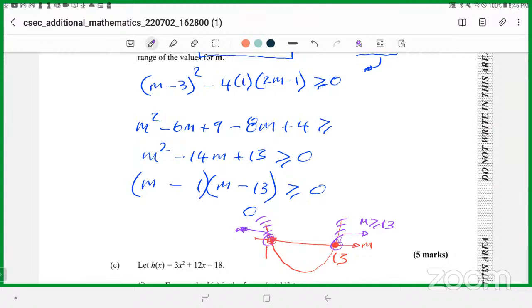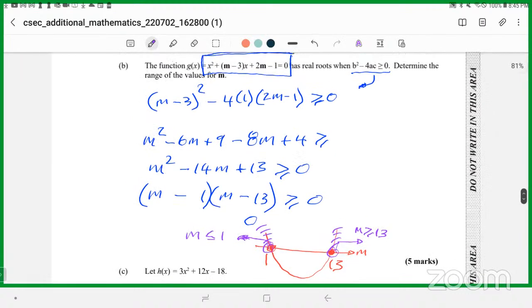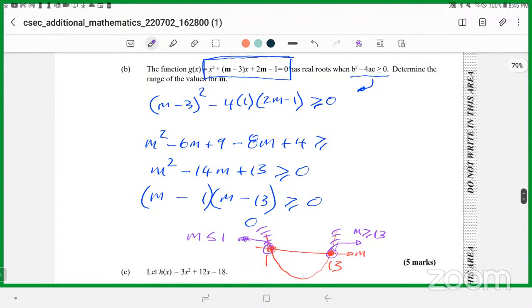All right, so over here now, the m is less than or equal to -1. If they want a solution set, they just want to determine the range, right? They just want the range.